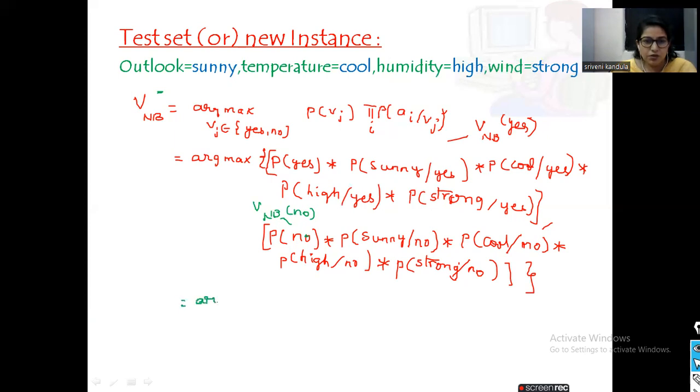It is equal to argmax. From the table we have the values of all these.